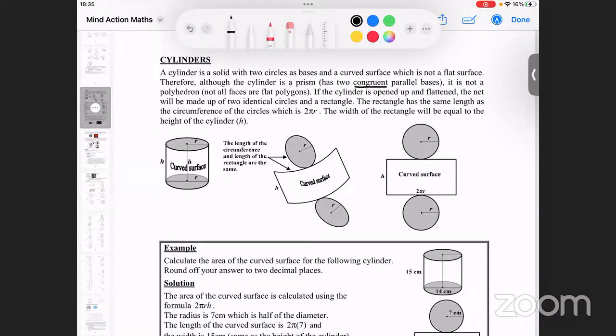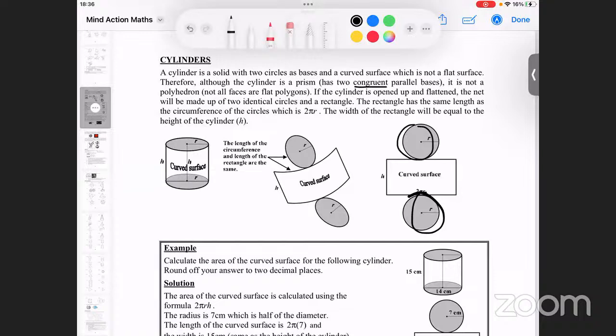Kana, what did we say is meant when they say congruent? What does that tell us? They are the same. Perfect. So these are the bases they are talking about.